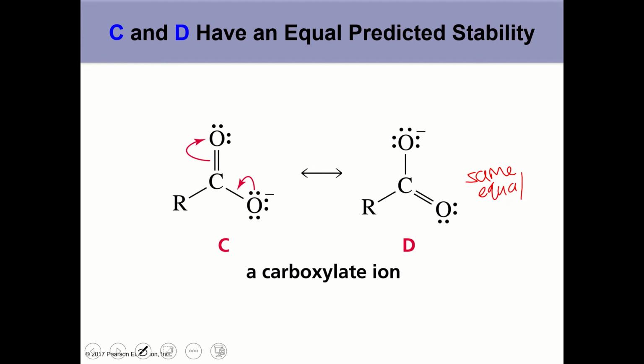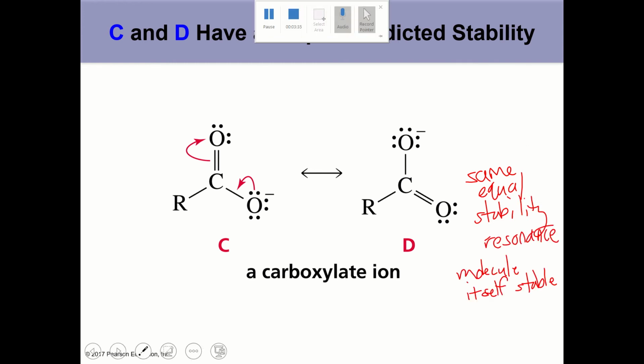And when resonance structures are of equal stability, that means that the molecule itself is more stable. So when they have equal stability in the resonance structure, that is an indicator, not a definite, that the molecule itself has more stability.